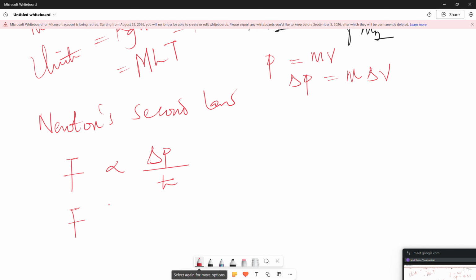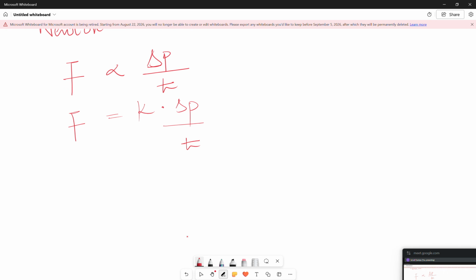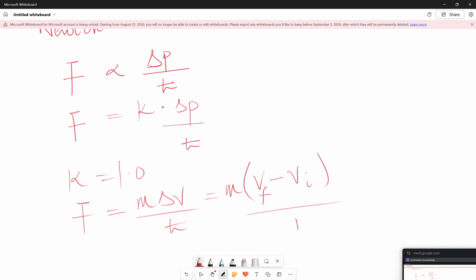So if we introduce a constant here, you remove the proportionality sign and multiply with delta P over t. Usually it has been obtained that this K is equal to 1, and then you're going to have F equal to M times delta V over t, which is equal to M into bracket V final minus V initial, divided by the time.